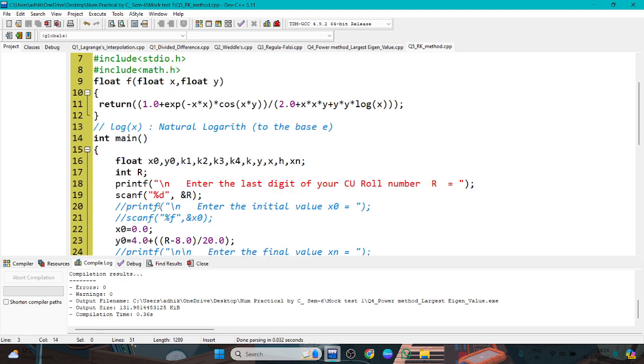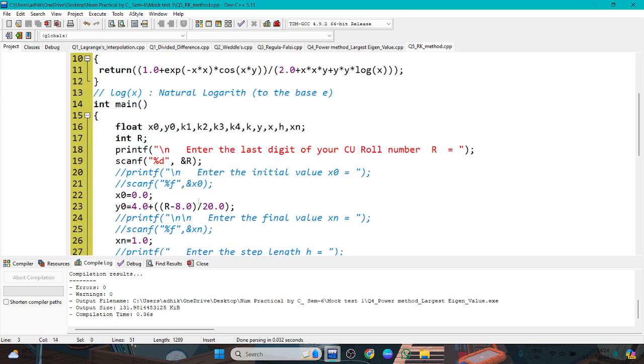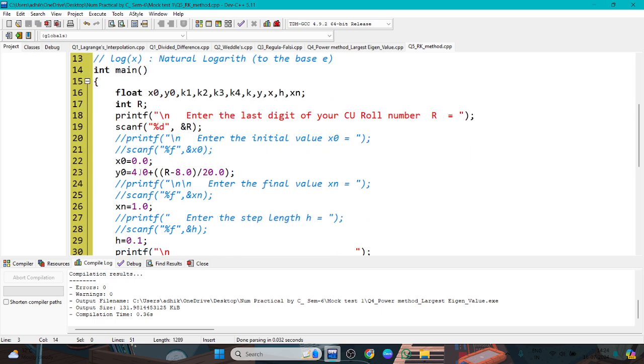In the program, float variables x0, y0, k1, k2, k3, k4, k, y, xh, xn, integer variable r. Enter the last digit of the serial number r, and x0 equal to 0.0, or you can write enter the initial interval and scan it. For y0, it is given as 4 plus (r minus 8) by 20.